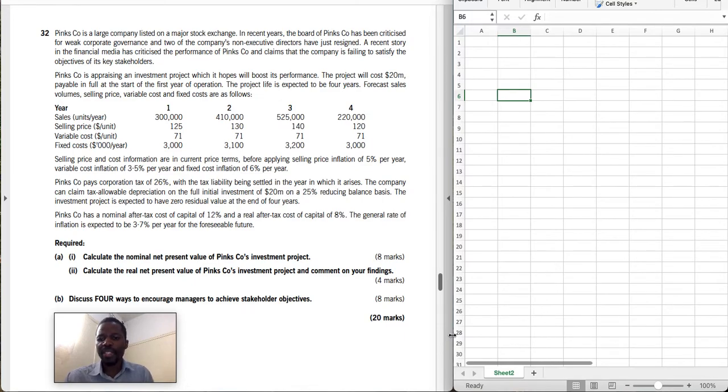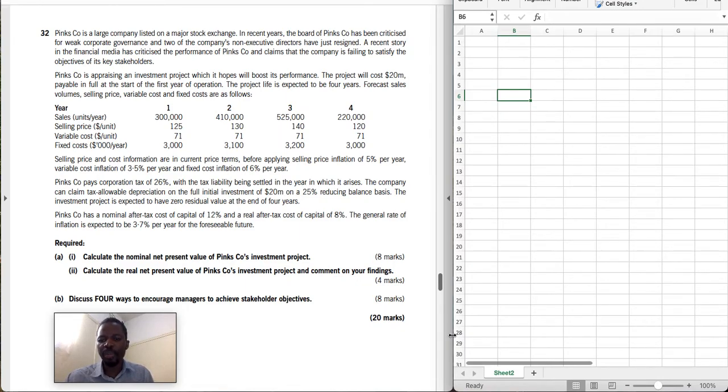Pink Co pays corporation tax of 26%, with the tax liability being settled in the year in which it arises. The company can claim tax allowable depreciation on the full initial investment of $20 million on a 25% reducing balance basis. The investment project is expected to have 0 residual value at the end of 4 years.